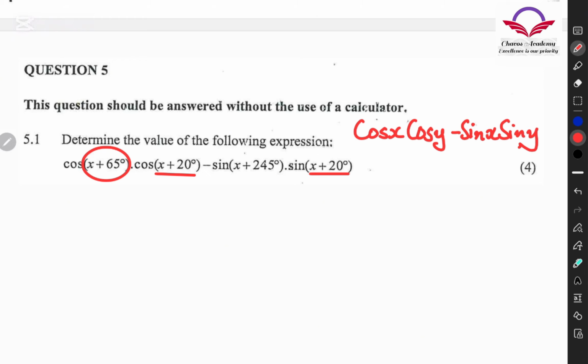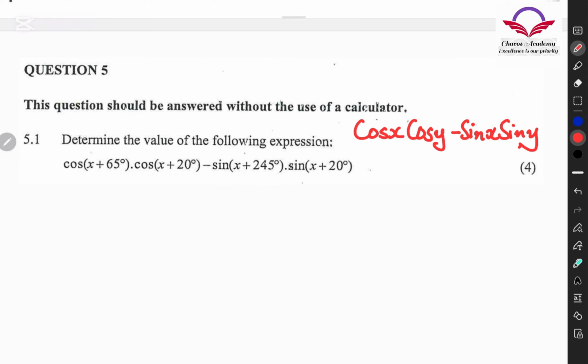What we have here, as you can see, we've got a b, we've got c a, meaning that we need to change this one. Changing this one, it's whereby we change x plus 245. We need to change it so that we can have the very same angles. This is b, this is b, this is b. So we need to change this one here.